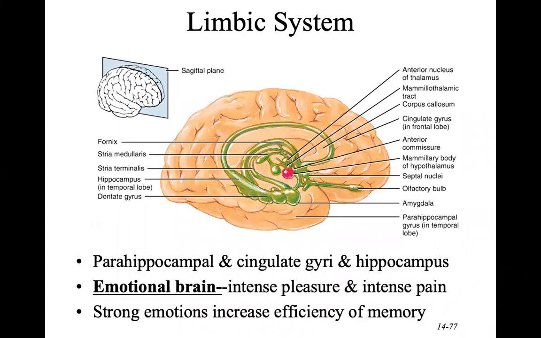So the limbic system, you see there's a lot of moving parts here. The biggest and probably most important ones are like the hippocampus is a big area. The fornix you probably learned in the lab section. All of these terms, whether it be amygdala, cingulate gyrus, fornix, hippocampus, they're part of the emotional brain.